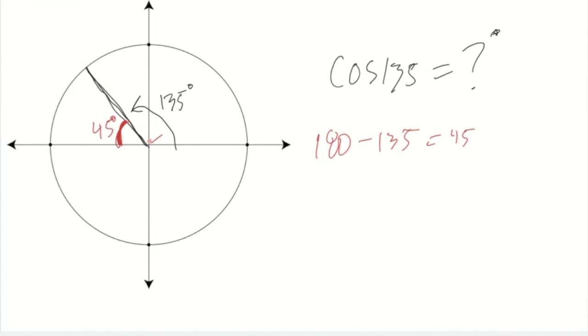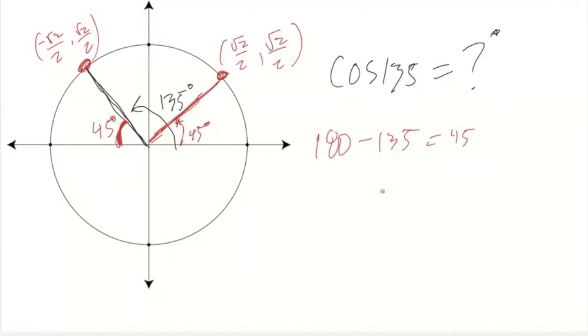So again, if we reflect it 45 degrees here, this and this will be the same exact measurement. So it'll be root 2 over 2, root 2 over 2, except now we know that this is negative over here. So negative root 2 over 2. There we go. If you get questions like this, you have to do that.